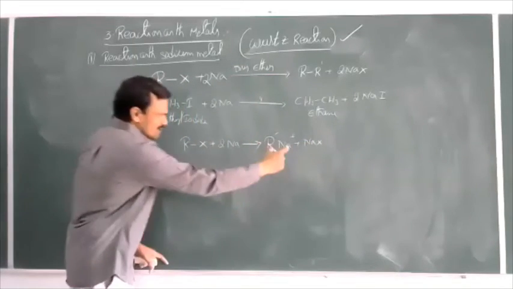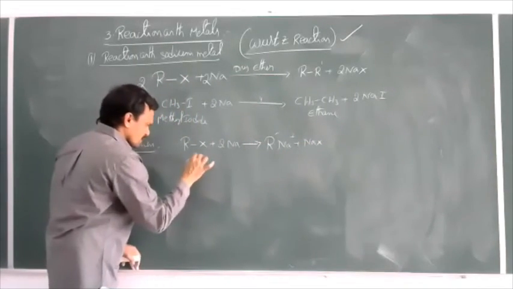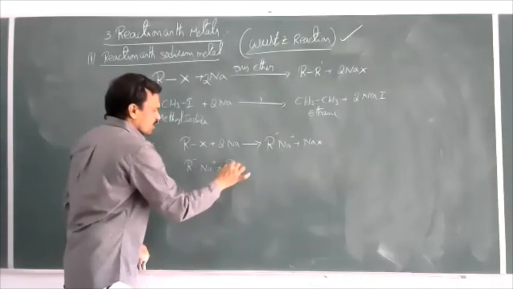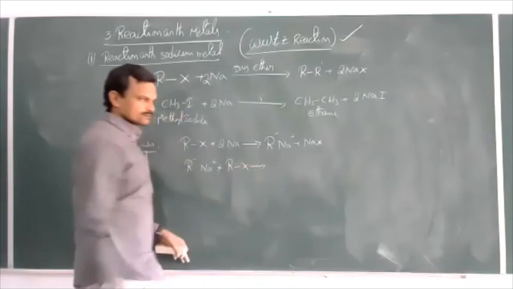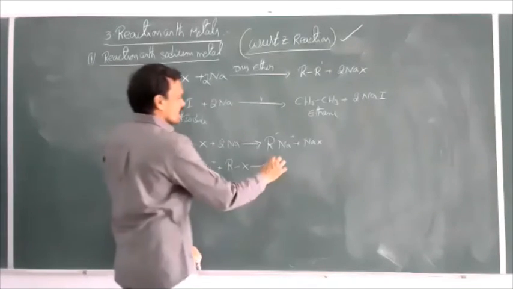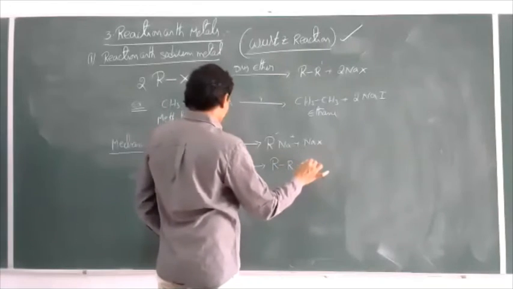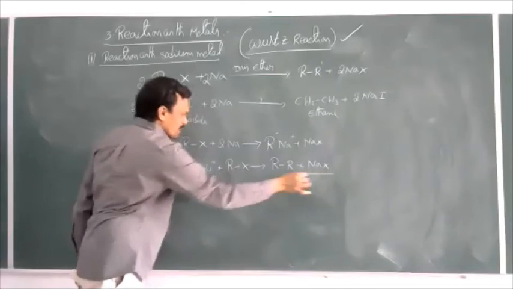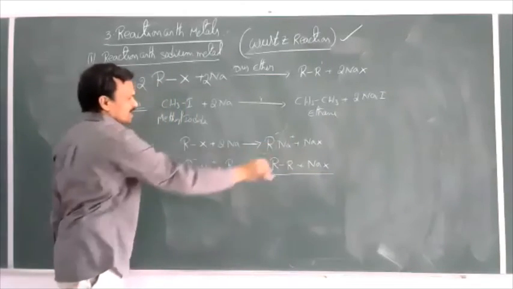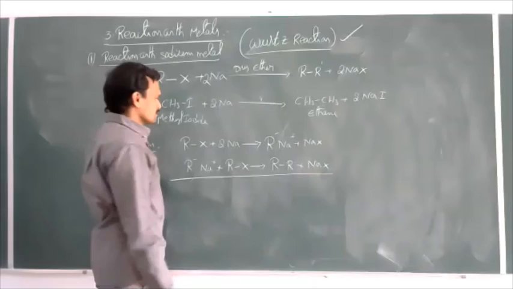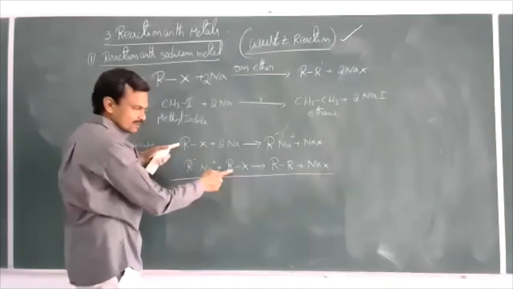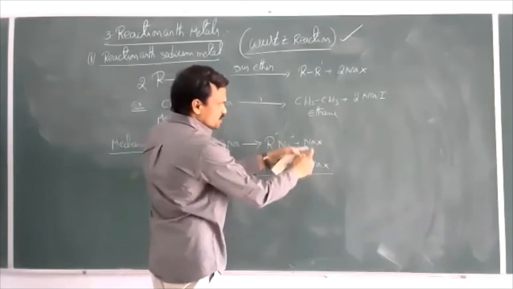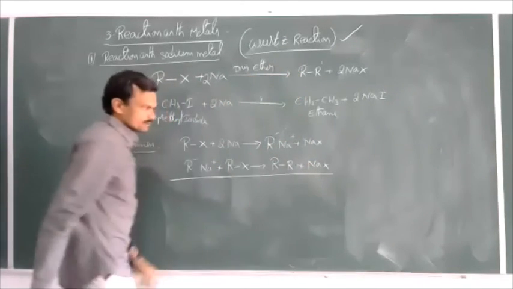And then this R⁻Na⁺ reacts with one more mole of RX and gives R-R plus NaX. Suppose we combine both the equations, this R⁻Na⁺ gets cancelled. Then you get 2RX plus 2Na giving R-R plus 2NaX. Nothing but this equation as it is.